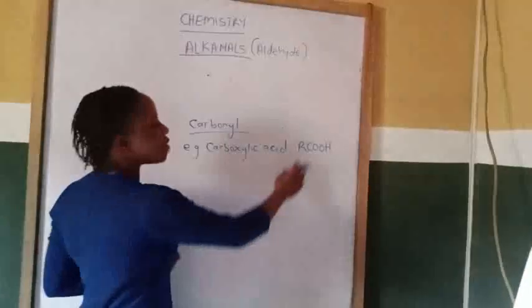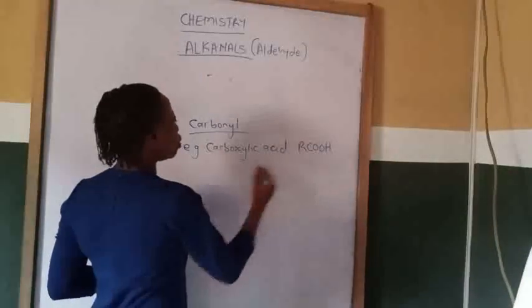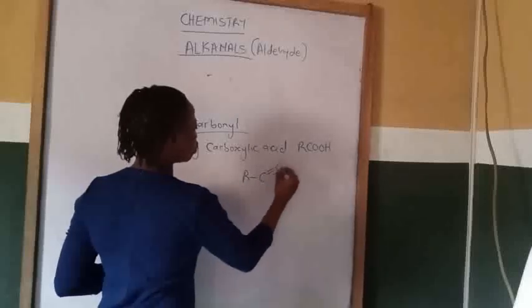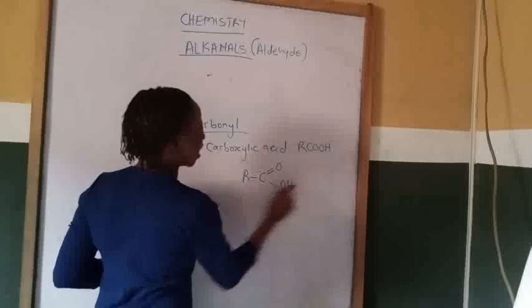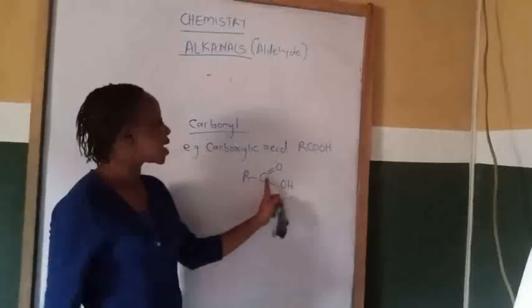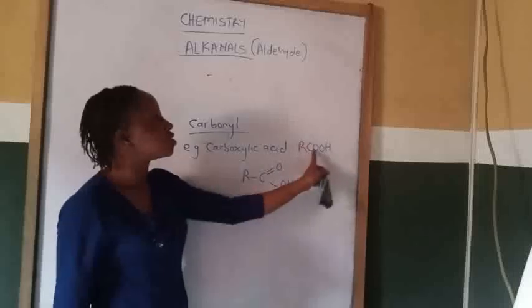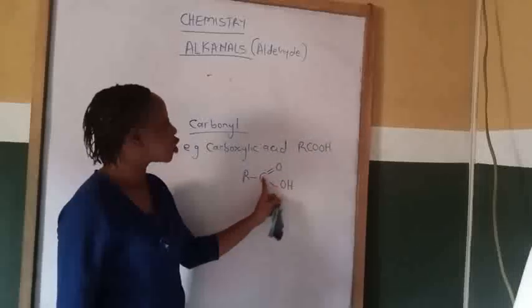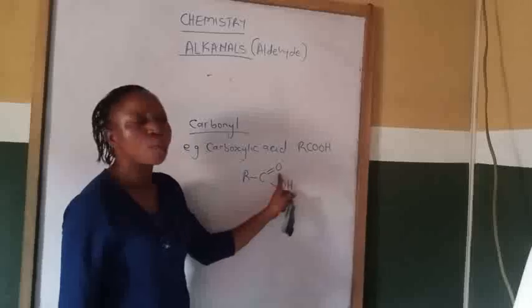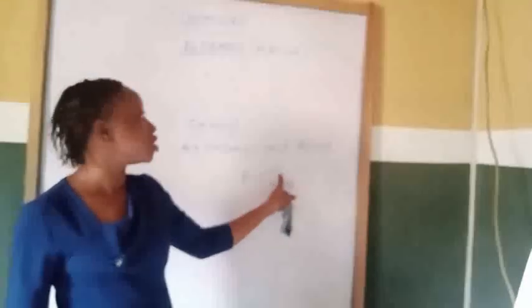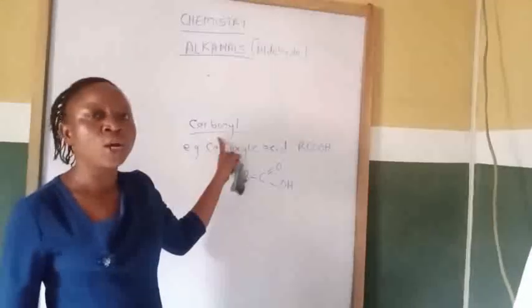The structural formula will be R, C double bond O, then OH. We can see from this structure that the carbon atom from the functional group, COOH, is double bonded with an atom of oxygen. So it shows that it is a carbonyl compound.